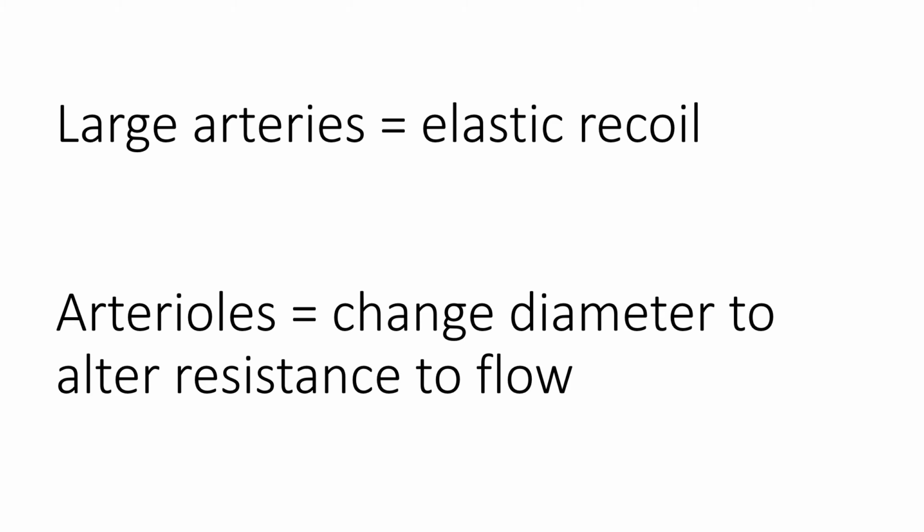Let's summarize some of what we have discussed thus far about the pipes. Large arteries are elastic for distension and recoil to maintain blood pressure and to change pulsatile flow into more continuous flow. Smaller arteries, called arterioles, have adjustable smooth muscle tone so that they can change diameter.